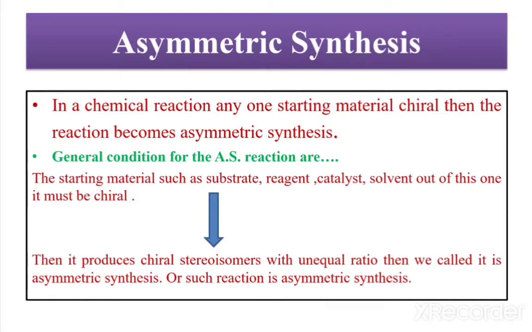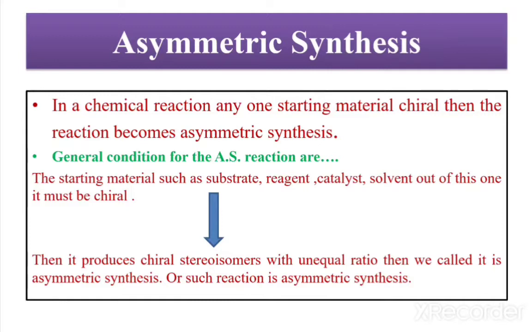Friends, in a chemical reaction, if any one starting material is chiral, then the reaction becomes an asymmetric synthesis. That means if the starting materials are chiral, such a reaction is called asymmetric synthesis.